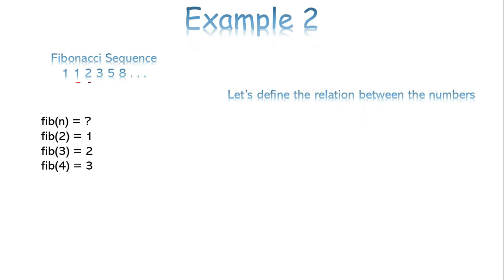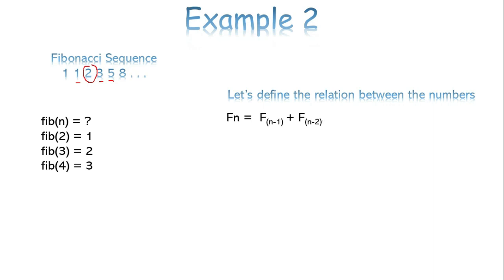Now let's see the relation between the numbers. From this sequence, we understand that 2 comes from the addition of the 2 previous numbers. The same with 3, which means addition of 1 and 2, and 5, addition of 2 and 3, and so on. So we can write the equation like this.